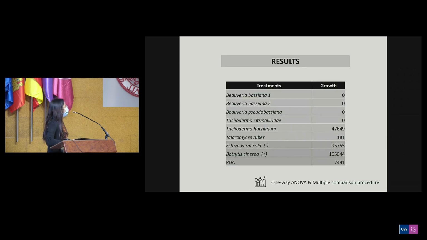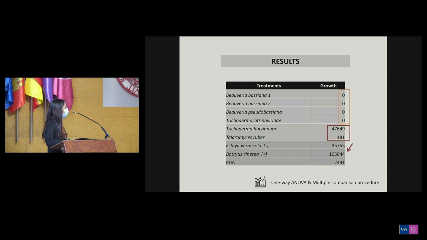And actually, we got promising results, because as you can see in the table, with the first 4 treatments, the growth of the nematode population was 0, so there was no reproduction. And with the other 2 treatments, the growth was lower than with Botrytis cinerea.